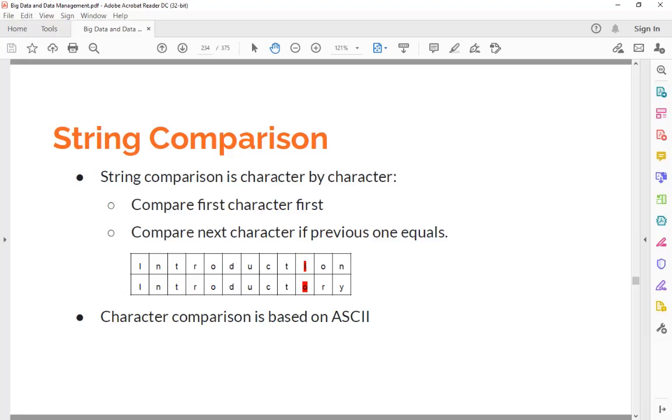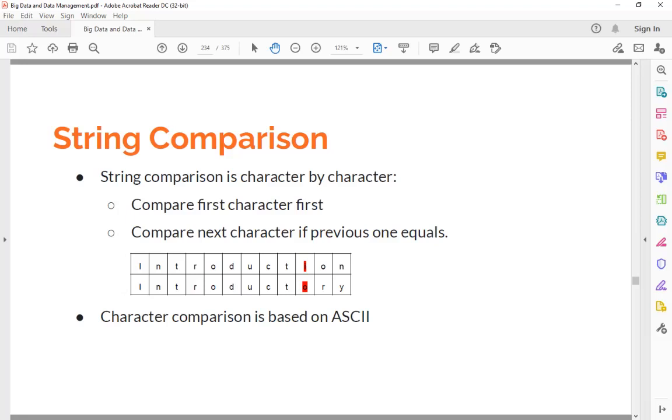We compare the first two chars, uppercase I equals uppercase I. So we go to the next one, lowercase n equals lowercase n. Then the next one, lowercase t equals lowercase t, all the way until we get to the comparison between lowercase i and lowercase o. That's when we can determine which one is smaller.